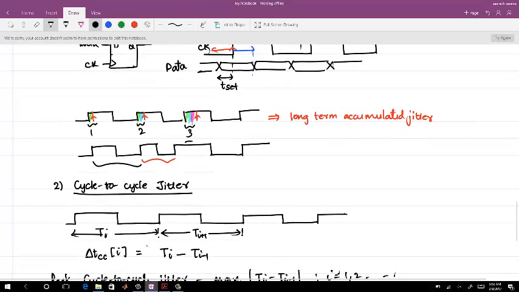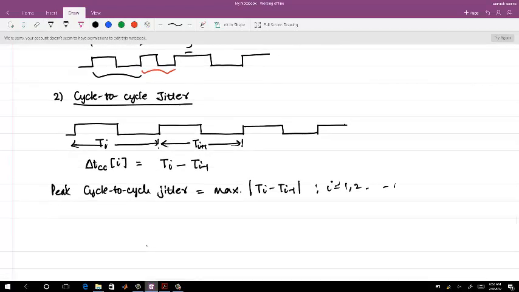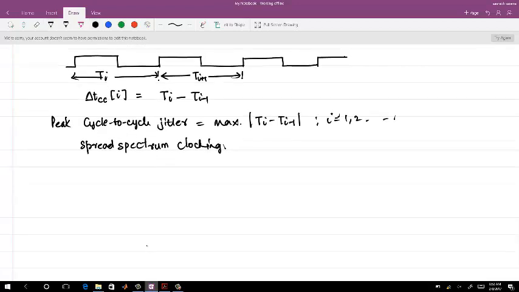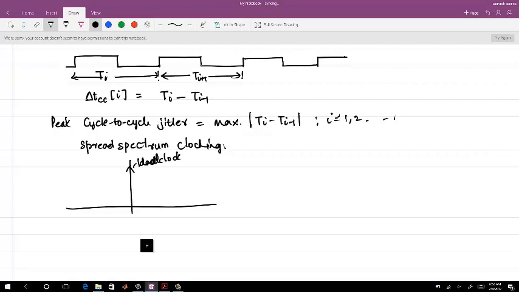For that, consider spread spectrum clocking. What that means is that in an ideal clock there will be only one tone, at FC.